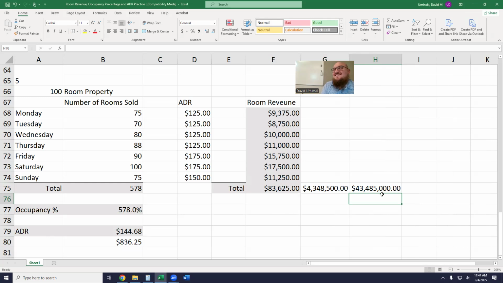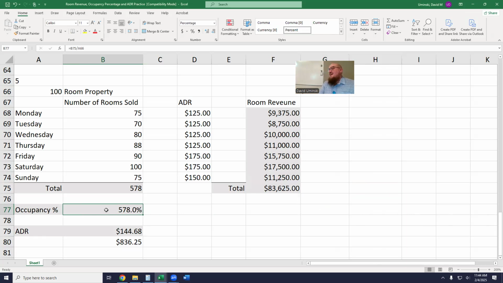Now, that's not your money you're taking home, okay? I don't want you guys to get any false ideas. But that's the money that also has to cover all your other expenses: your labor, your materials, your laundry detergent, replacement of your sheets and towels, all that stuff has to come out of that. But you have a budget of $43 million or more for the year to manage. So that's kind of cool. It's something to think about.